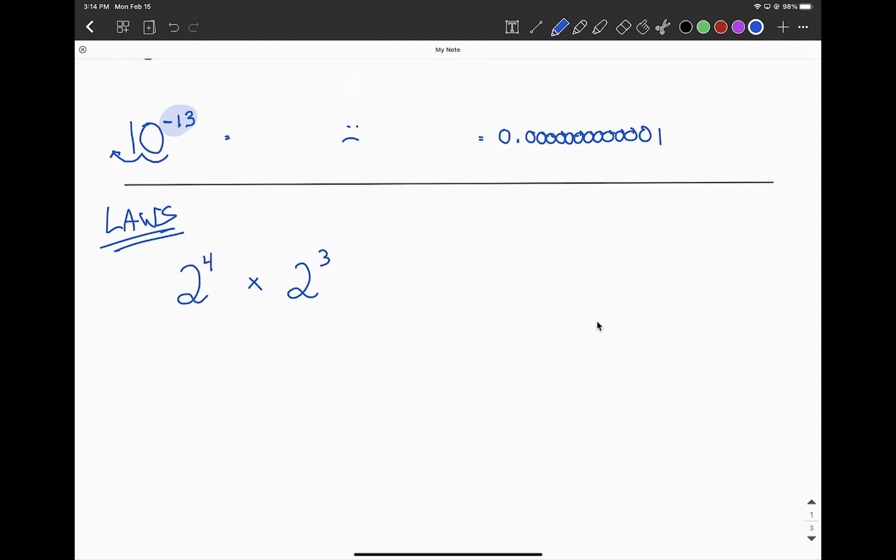Part of the learning here is what this looks like if we were to expand it: 2 to the 4th multiplied by 2 cubed. And this is trying to lead us to the answer, because if you look at the totality of all the things that we're multiplying, there are 7 twos. There's 7 of them.